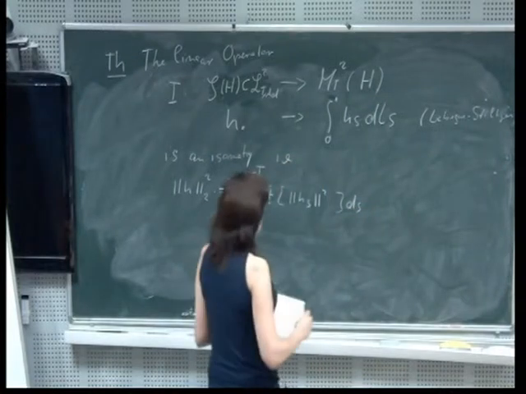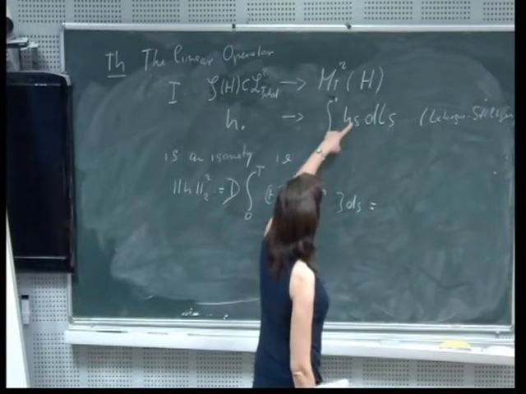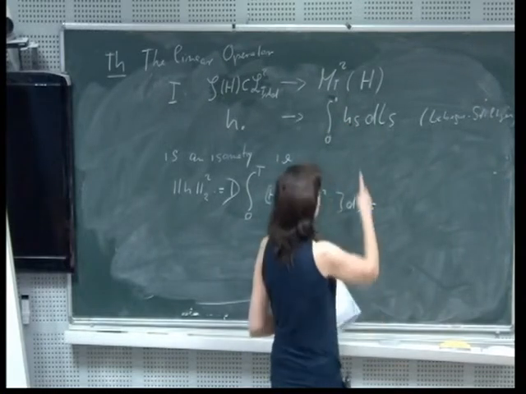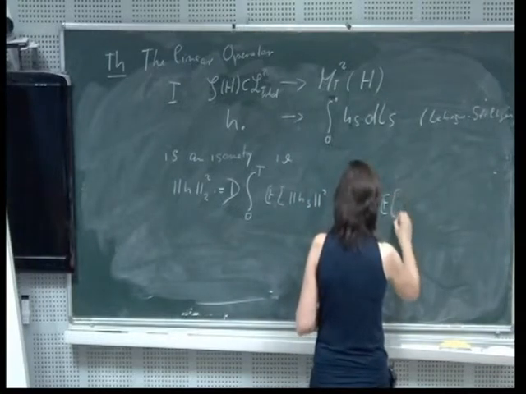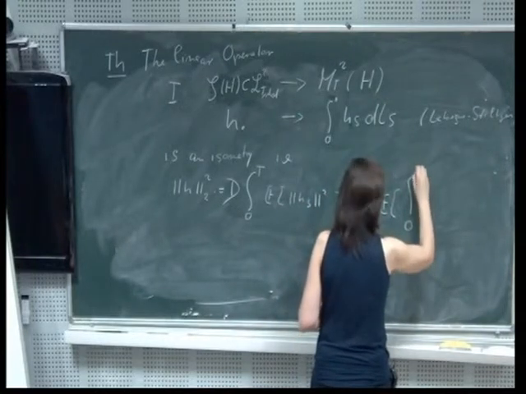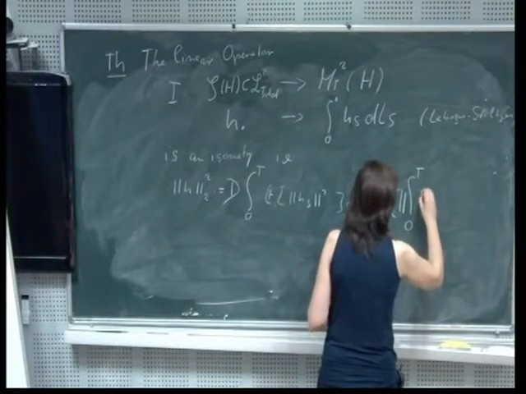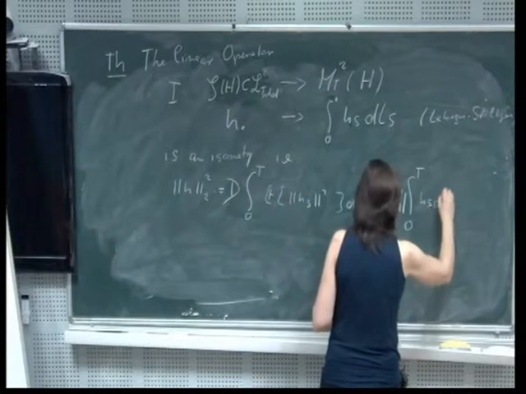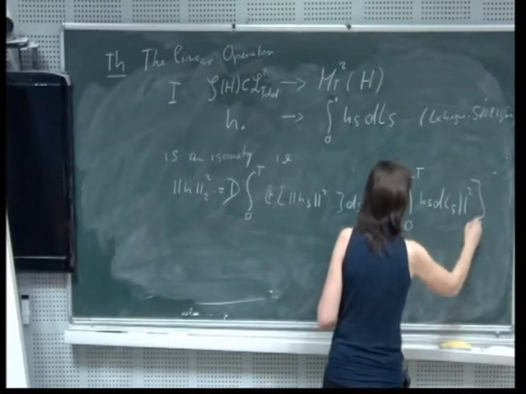This norm here is equal to the norm here of this stochastic integral, which is the second moment of this integral here. So this is what we want to prove.